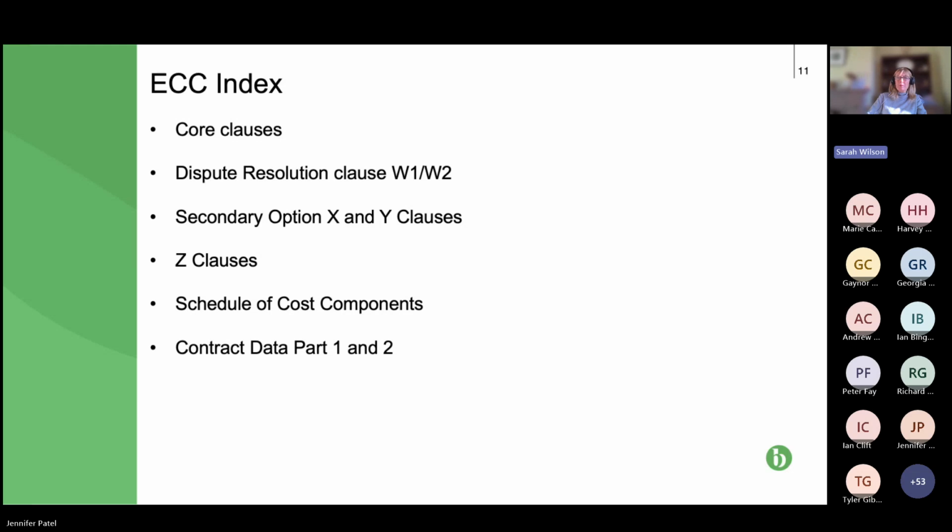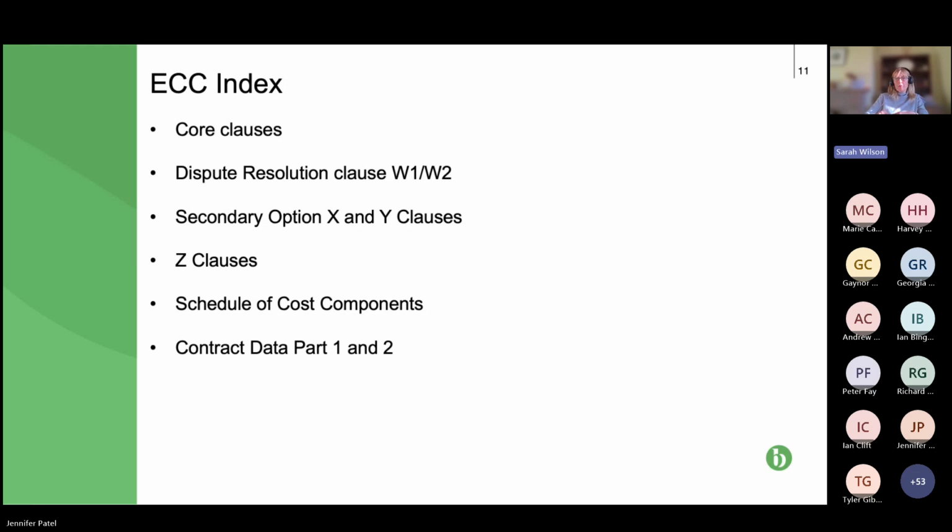Those circumstances being for compensation events, and also where you're on an option E contract, so cost reimbursable, and also when you are on option C and D, for the cost of the work as you progress, it's what you can claim for that work as you go along. And how that is set out is the order in which it appears.